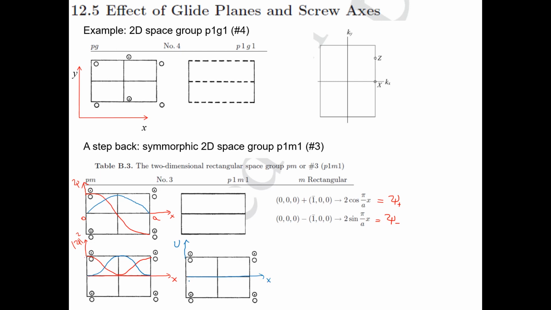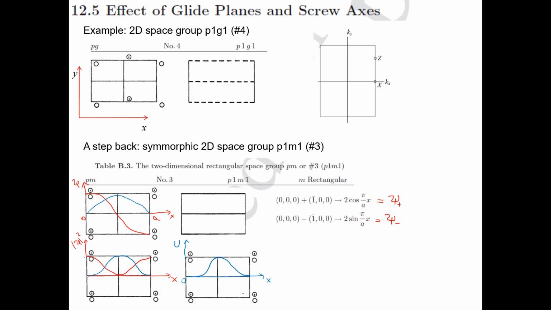And as I said, this should be small near this plane where we have ions or nuclei, and should be higher here, and then it should be small here again. The exact functional form of that function, we don't know.